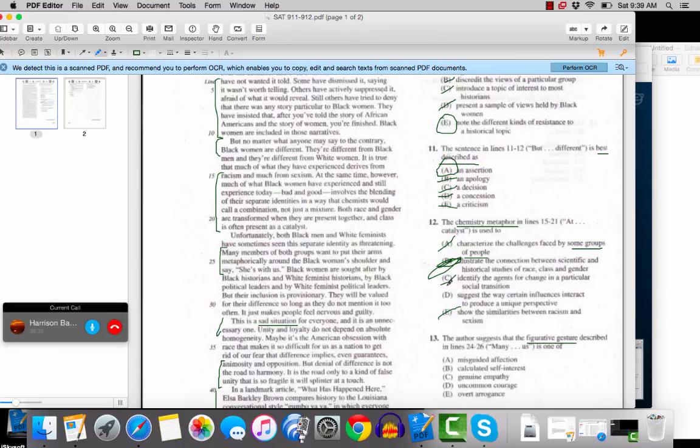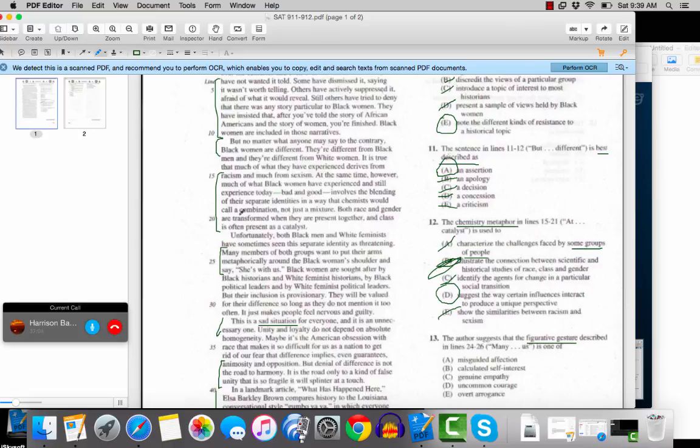So the answer here is D, to suggest the way certain influences interact. And what were the influences that are interacting? Their race and gender. Yep. And to produce a unique perspective. So what is the unique perspective that they then have?